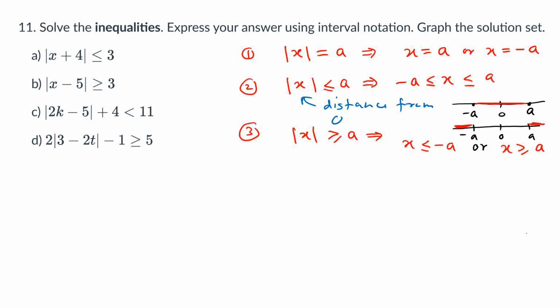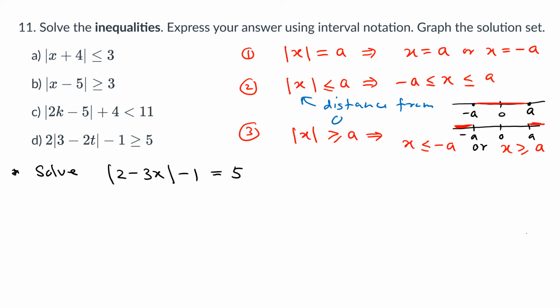So let's solve one absolute value equality problem just to make it clear. I'm going to do a star problem. Let's say solve this problem: absolute value of 2 minus 3x, minus 1, equals 5. Just putting some numbers there.